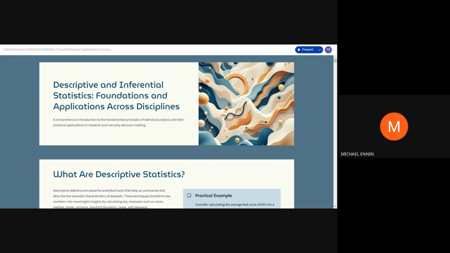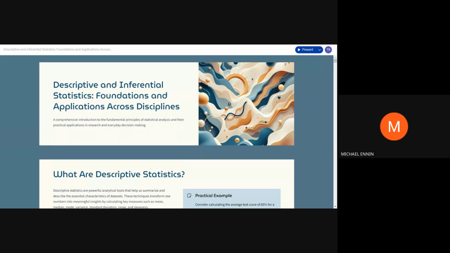Okay. So what I also found out is that descriptive statistics deals with organizing, summarizing, and presenting data in a meaningful way. And it moves on to say that it answers the question, what does the data show? Then the common tools that the descriptive deals with are the mean, the median, the mode, the range, the standard deviation, and the rest.